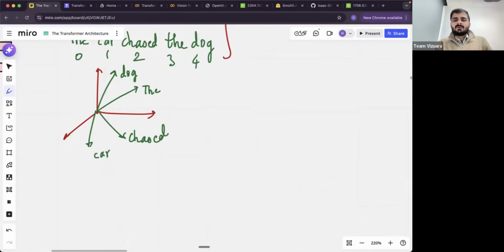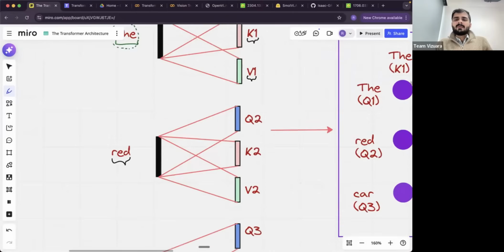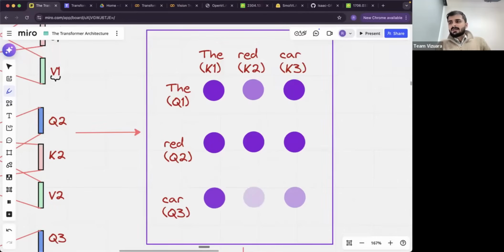And you can actually do the same thing for the red car and it probably looks something like this. You can see here I have constructed the attention matrix for the queries and the keys. And here, let's say for each query, I have three scores.